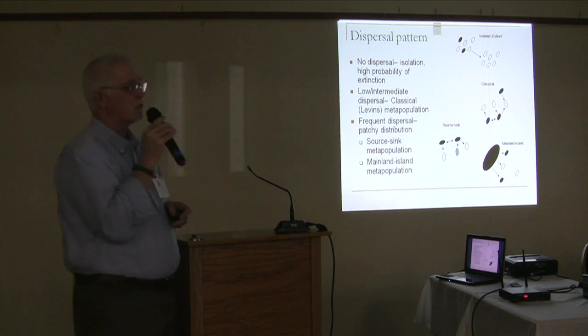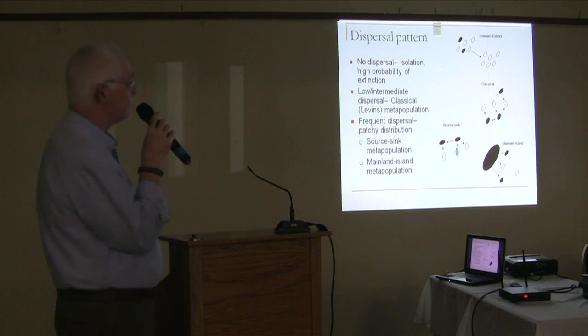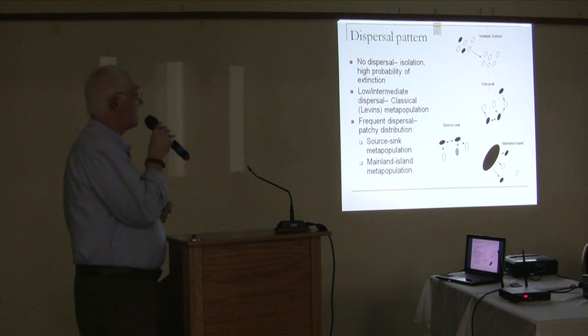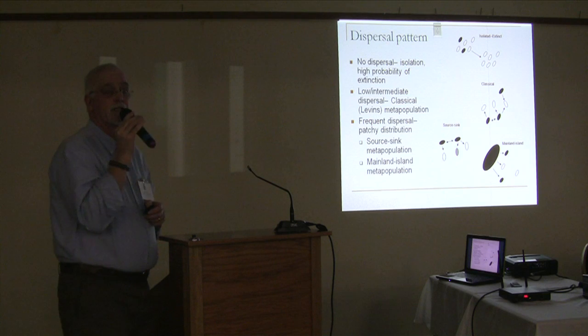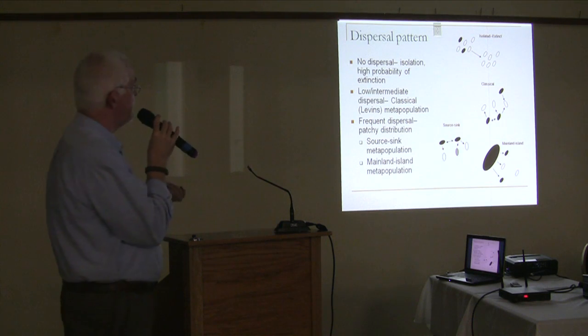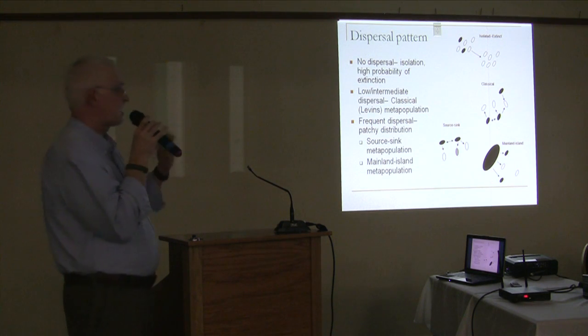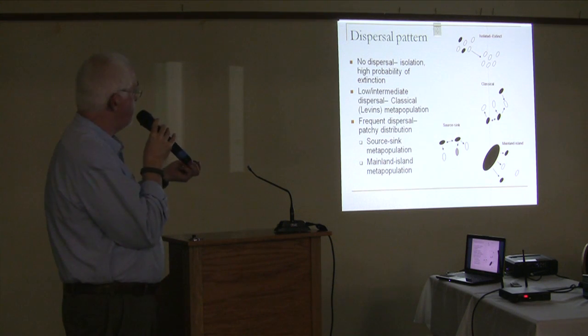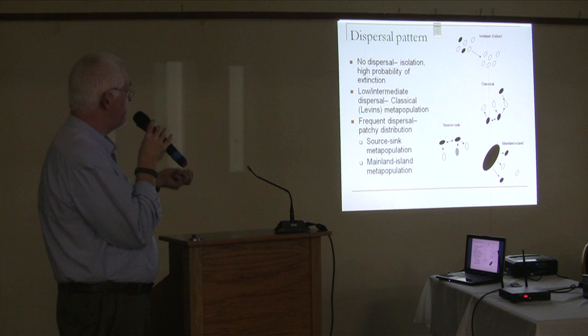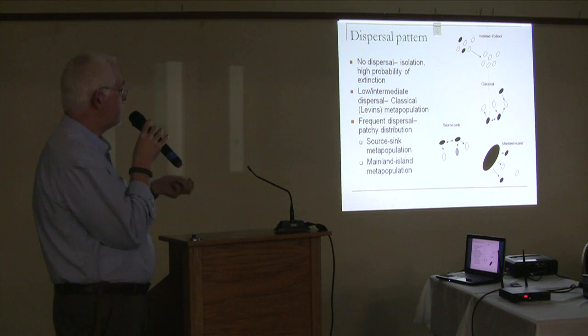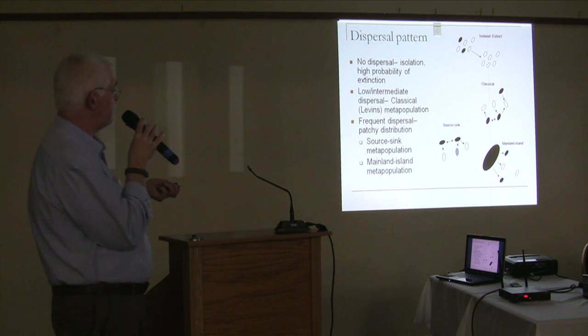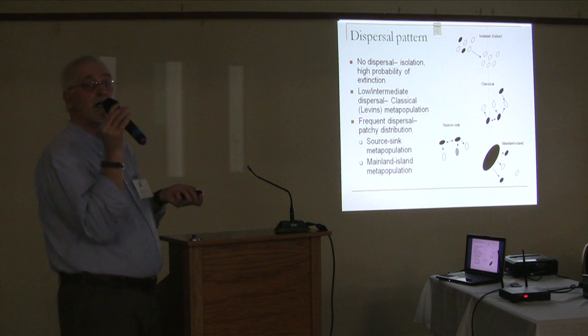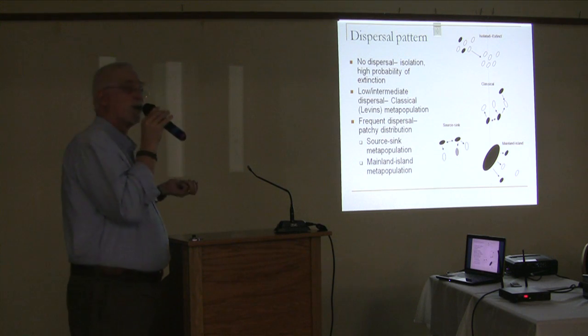Here are some possible dispersal patterns and the metapopulations that can result from them. And this is a very hypothetical sort of thing. It's not like you see all of these in salmon or anything, but what happens is if you have intermediate to frequent dispersal in these kinds of cases, you can have the rescue of some populations or the movement of some populations from one place to another.